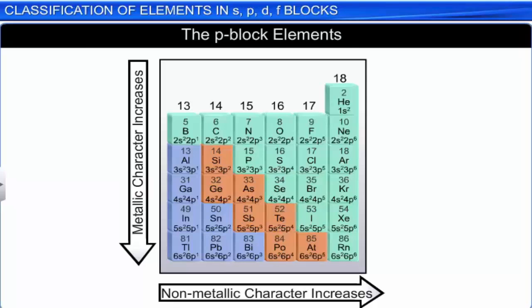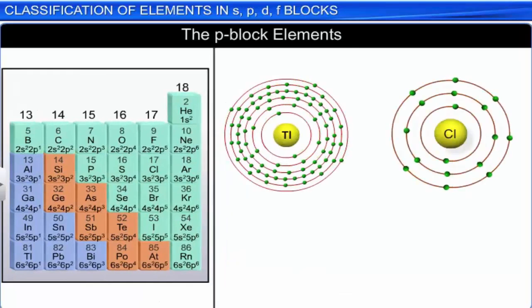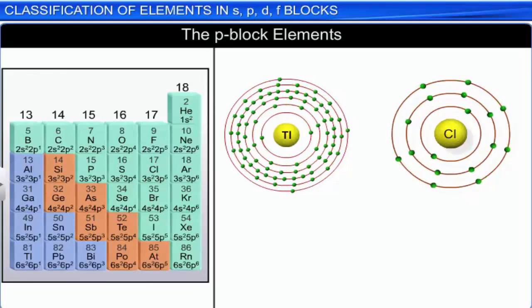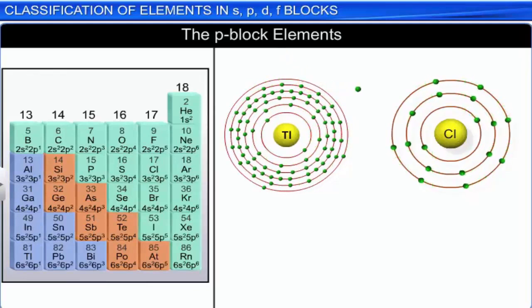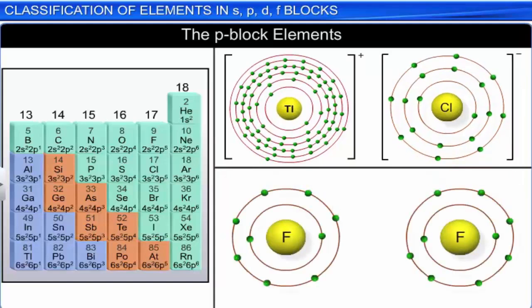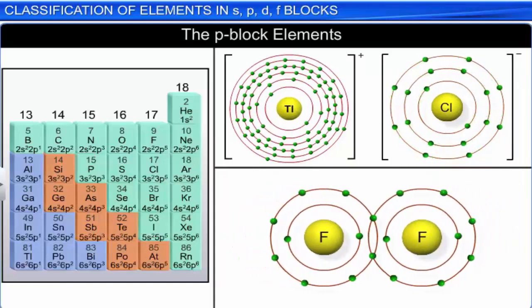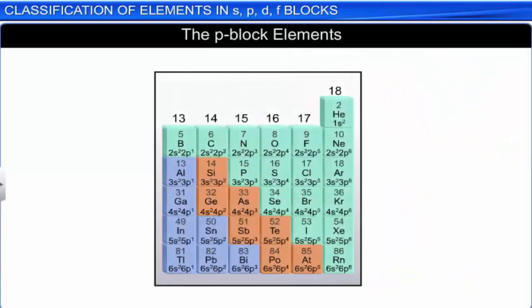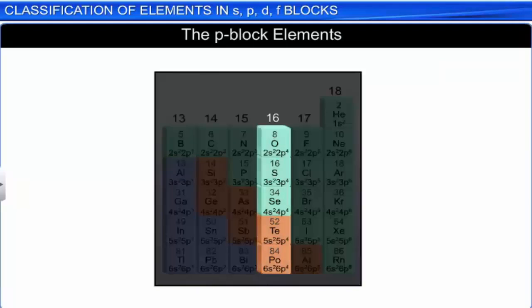The p-block elements form compounds by loss or gain of electrons, or by sharing the valence electrons. That is, they form both ionic as well as covalent bonds. Two chemically important groups of p-block elements are Group 16, the chalcogens, and Group 17, the halogens.